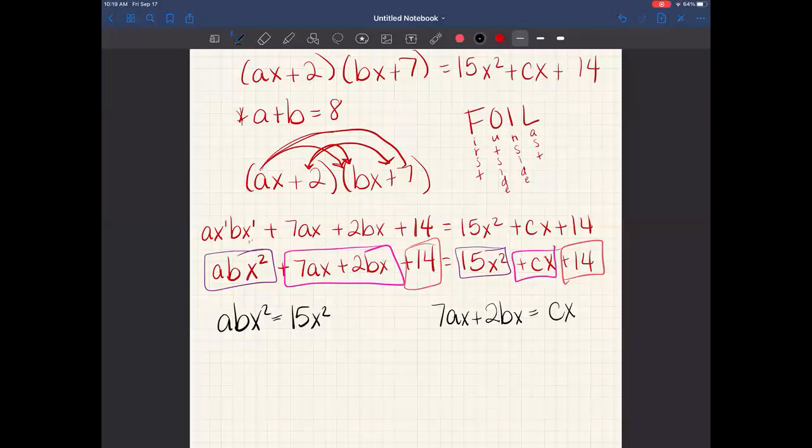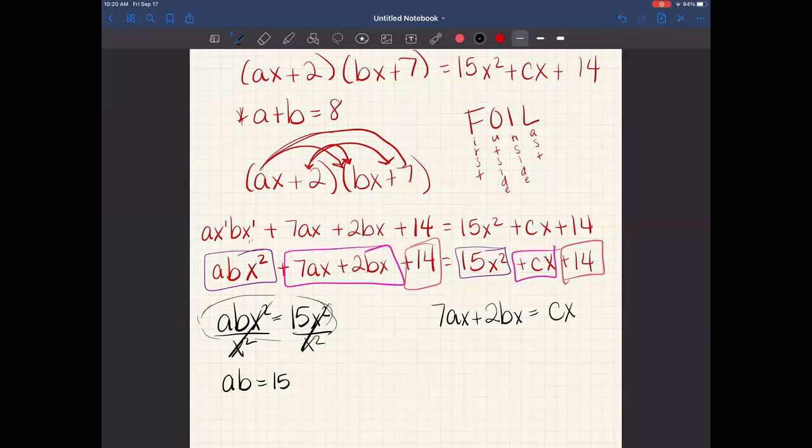So first thing in this situation here, I want to kind of figure out A or B. Conveniently, both sides have an x squared. So I'm going to divide by x squared just to get rid of it. I don't want to see it anymore. Okay. So it's gone. So now AB equals 15.